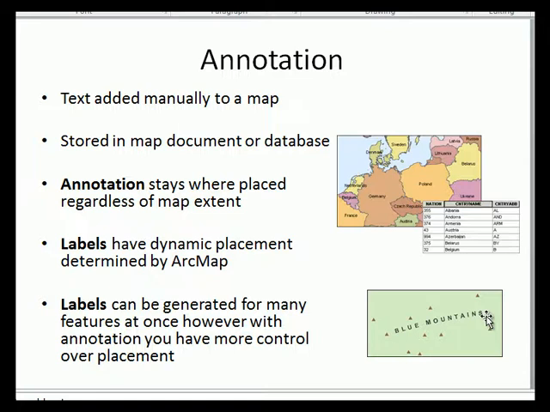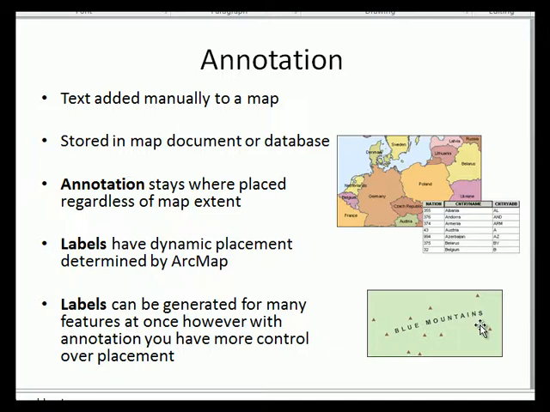So if you have some data, like in this case, all of these triangles in this graphic are mountain tops. If you ever have some data and you want to label it based on, say, the name of the mountaintop here on these triangles, and you look in the attribute table and the name's not in the attribute table, you don't have the information that you want to label it.